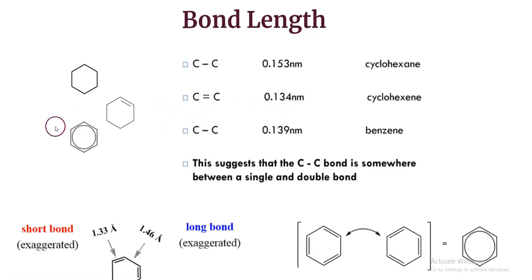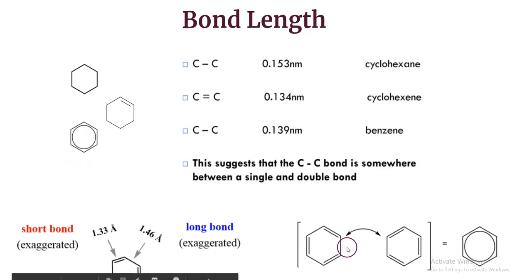But when the experimental studies were done, when the X-ray structure of benzene was studied, what was found was that the carbon-carbon bond length in benzene is 0.139 nanometers, and all the bonds were identical. That's pretty surprising, right?